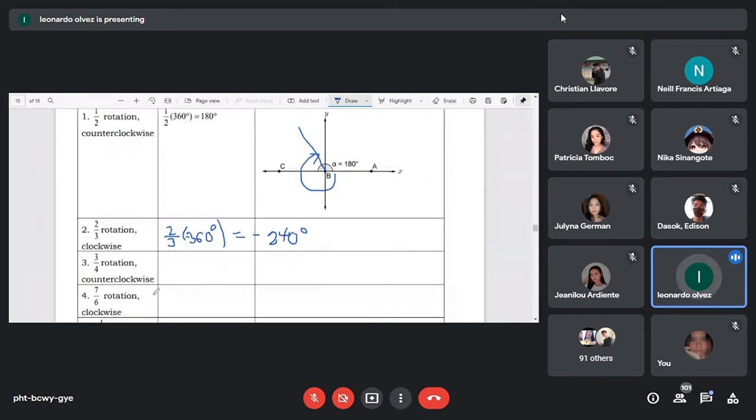What about number 3? We have three-fourths rotation counterclockwise.